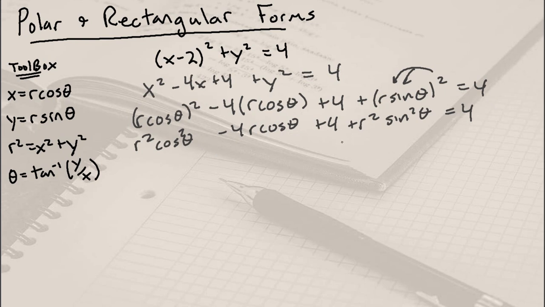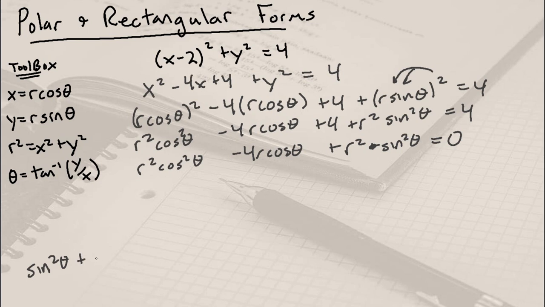All right, so if possible, I want to solve for r. If I have this 4 right here, I could subtract that over and get a 0. So let's go ahead and clean this up a little bit. That's not a plus, that's a times. Now if I were to recall some of our trig identities, we know that sine squared plus cosine squared equals 1.